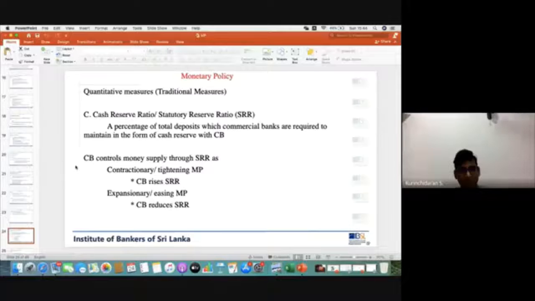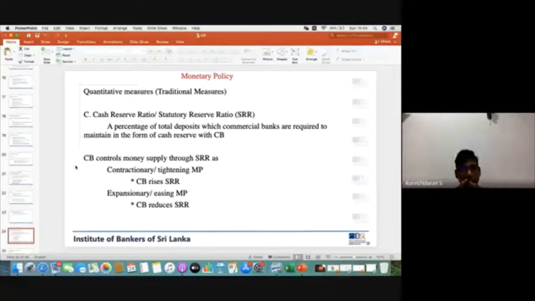Control through SRR directly. Now this can be called two ways: contractionary monetary policy or expansionary monetary policy. Contractionary or tightening monetary policy means you are going to reduce the money supply. So the central bank raises SRR. Expansionary or easing monetary policy means you are going to increase the money supply.